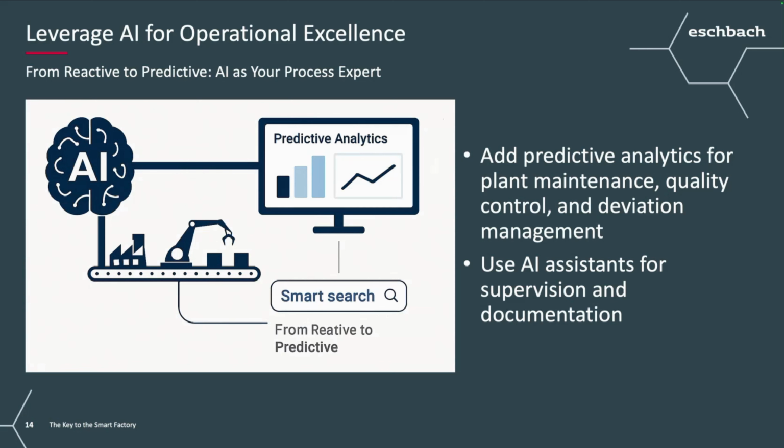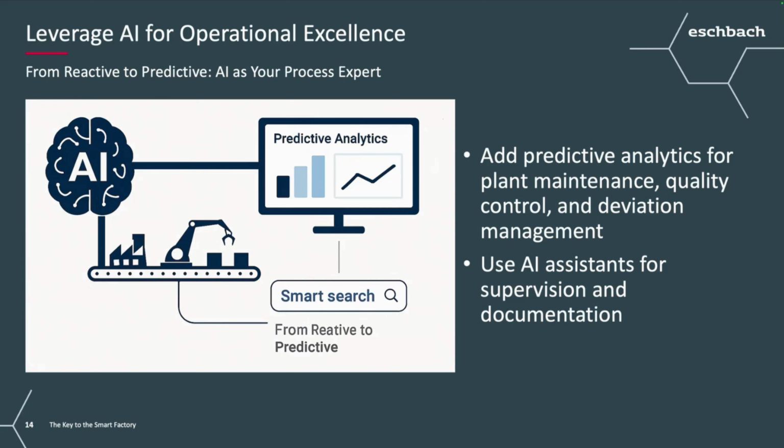So what we are saying is leverage AI where AI is strong. Structuring data, contextualizing information, and provide that to an operator, to your shop floor teams, in order to make better decisions on your shop floor.